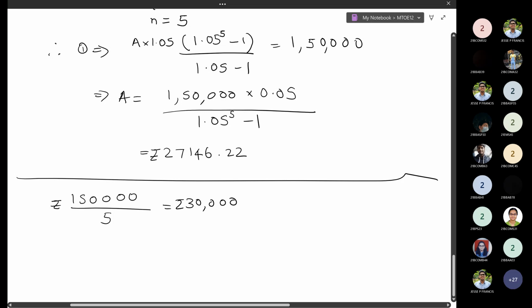You see the difference. Without putting it in for a deposit, if you just keep on saving, you decided, let me avoid the complication of deposit, let me save. Then you will have to save an extra nearly 3,000 or 2,900 every month in order to have 1,50,000 after 5 months.